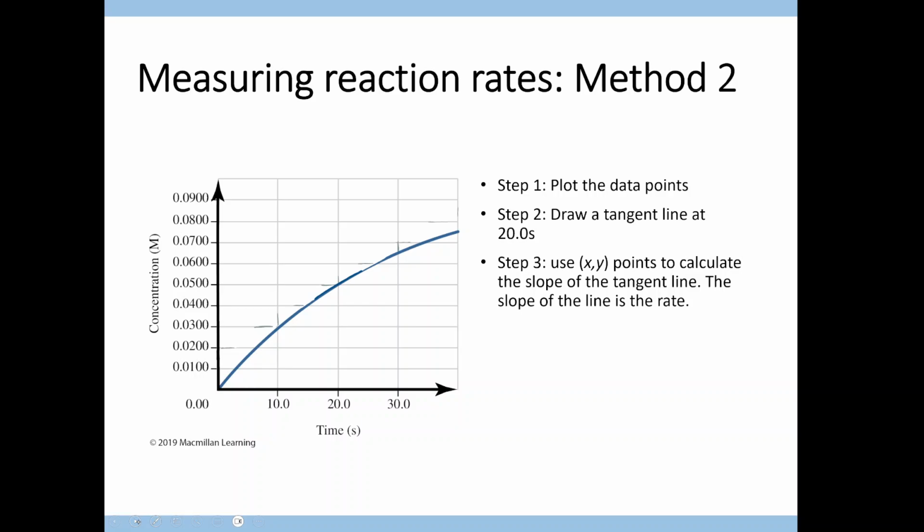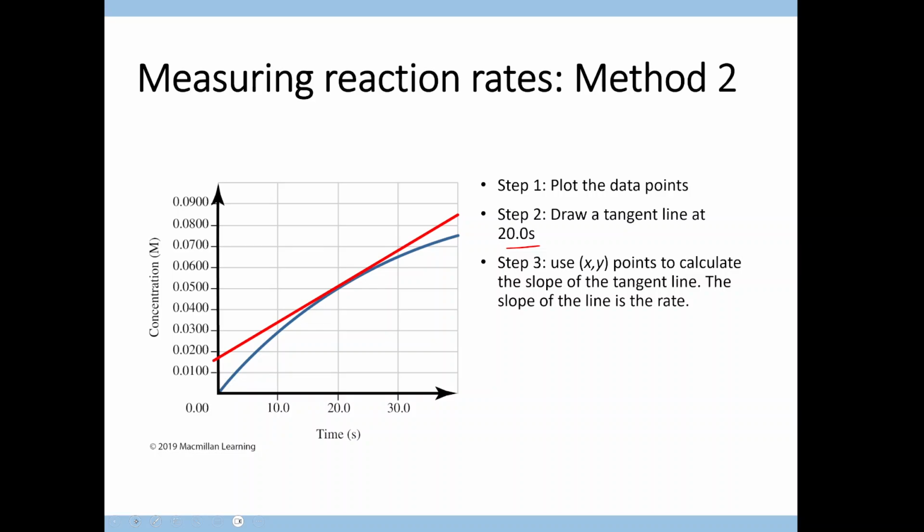So like I said, method 2, plot your data points, draw a tangent line at whatever time you're looking to calculate the instantaneous rate. Let's see, do I have the line here? I do. And then use XY points to calculate the slope. So we are going to use at 40 seconds the concentration is 0.0850 molar.